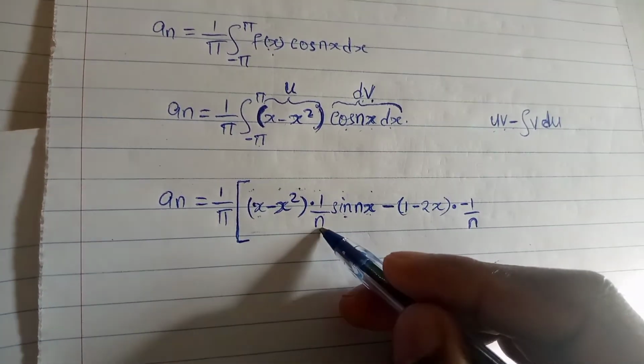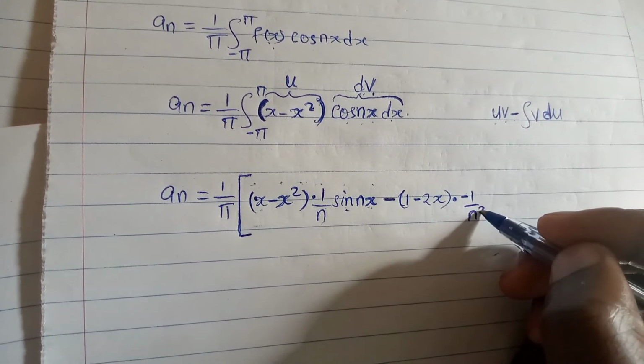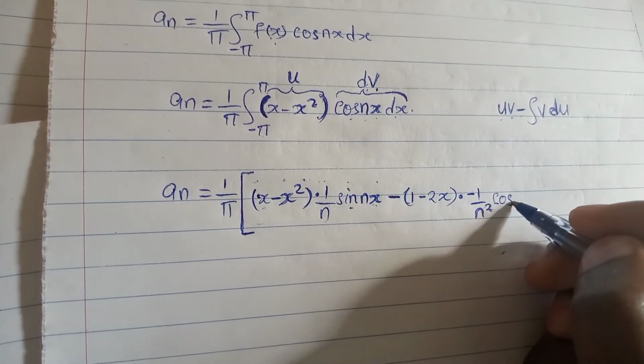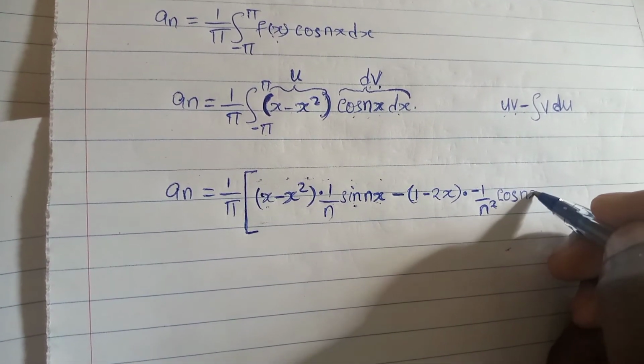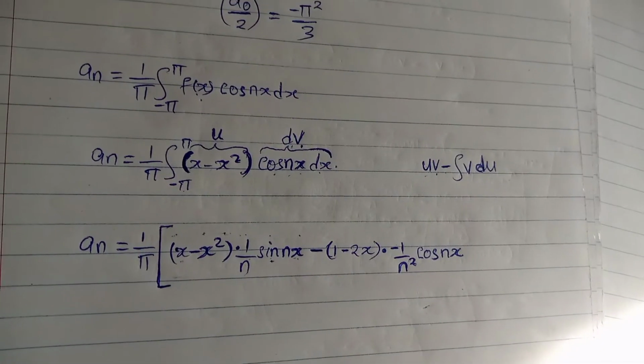But because we still have another 1 over n here, it will be negative 1 over n squared, then cosine nx.